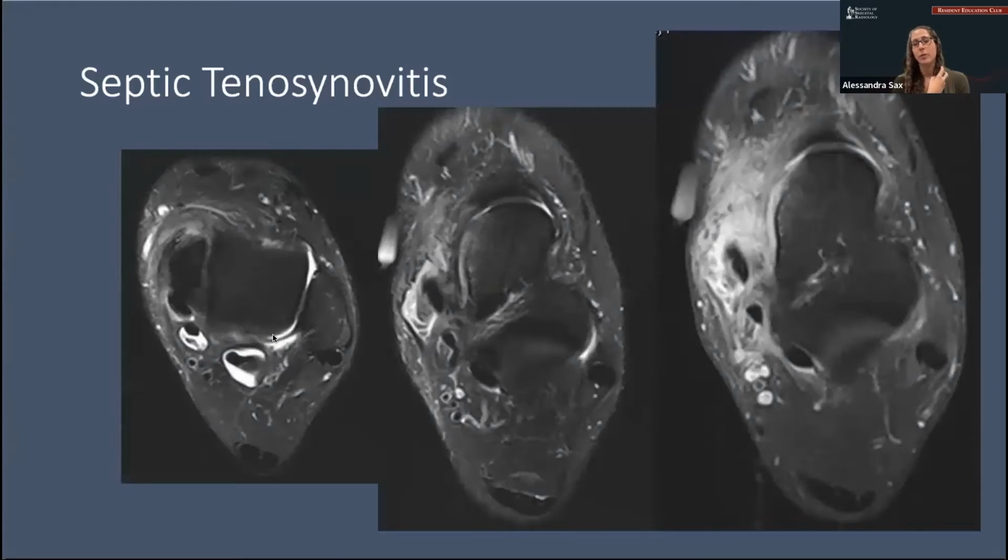this is just another example of septic tenosynovitis within the posterior tibial tendon sheath. And you're going to see that all of these flexor tendons have some tenosynovitis, but the posterior tibial tendon has this marked surrounding hyperemia and enhancement out of proportion to the degree of fluid within that tendon sheath.